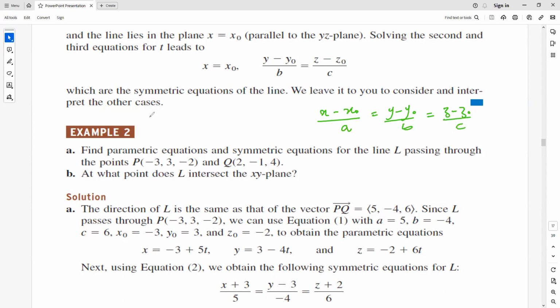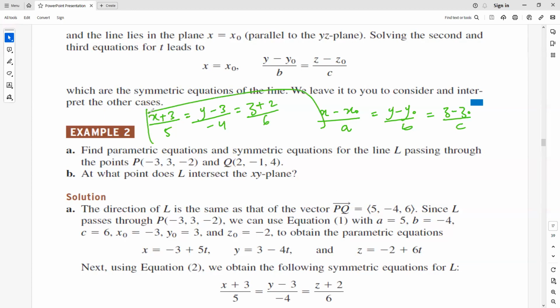So with all these values, it will be x plus 3 over 5 equals y minus 3 over negative 4 equals z plus 2 divided by 6, right?